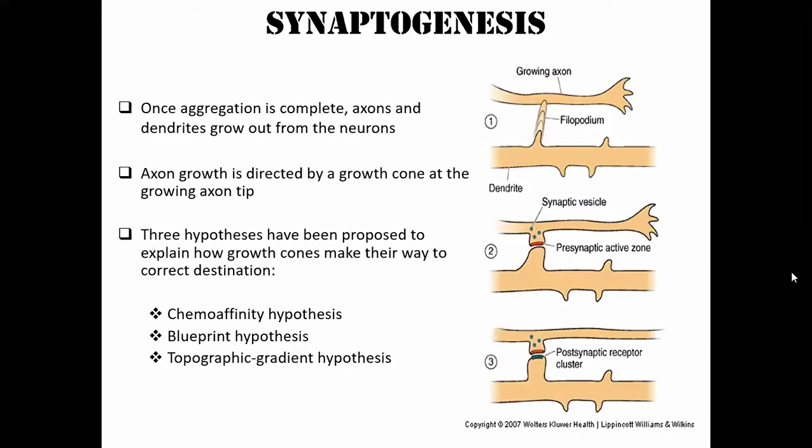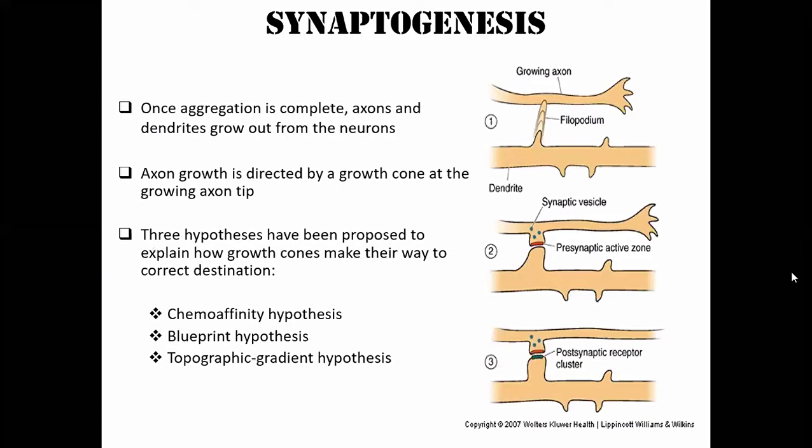There's aggregation, complete aggregation, where axons and dendrites grow out from the neurons. So that is what you call synaptogenesis. When the neurons are already formed, after proliferation and after migration, there is already aggregation, or spread of your axons and dendrites out from the neurons.